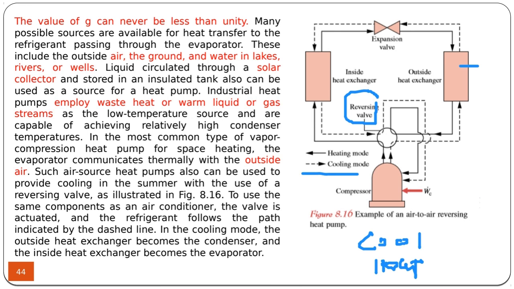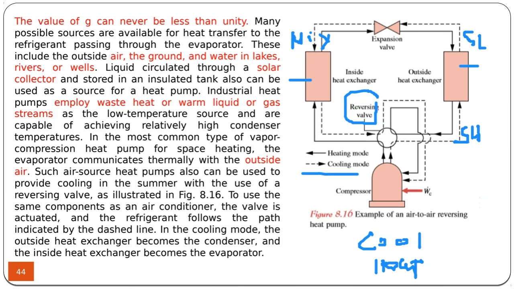So here we have a superheated vapor. Now we have saturated liquid. As saturated liquid passes through the expansion valve, we have a mixture. Then the mixture passes through the internal heat exchanger, which is an evaporator.